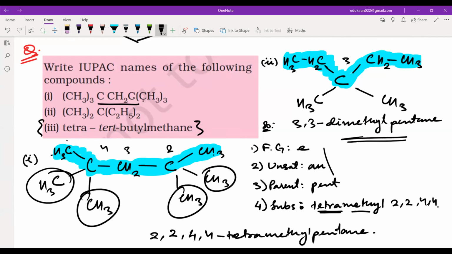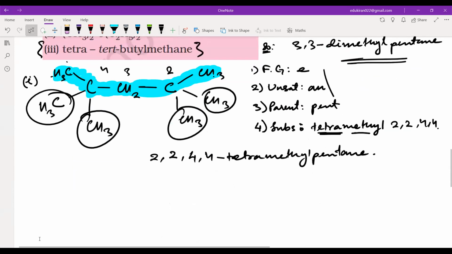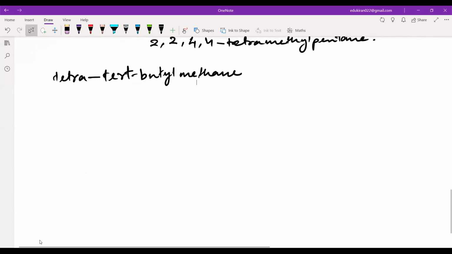Done, sir. Okay. Then we have tetra tert butyl methane. This is a common name they have written. This is not according to IUPAC nomenclature.